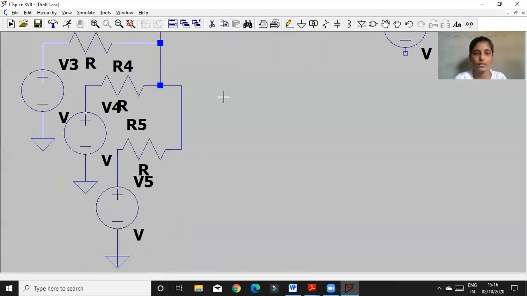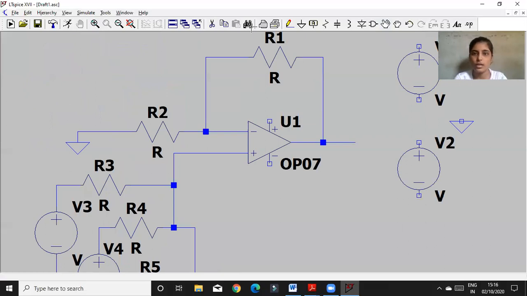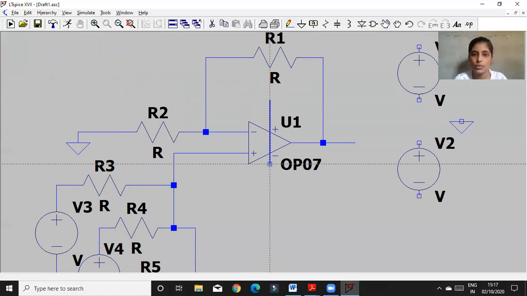So yeah, I also connect the VCC and VEE here, and I connect the voltage source with the wire.